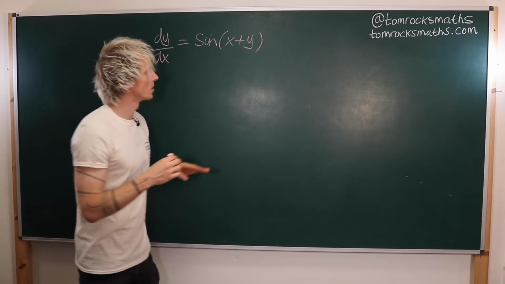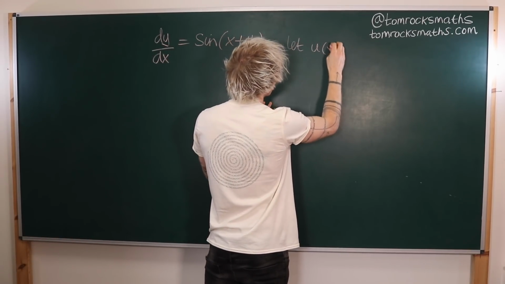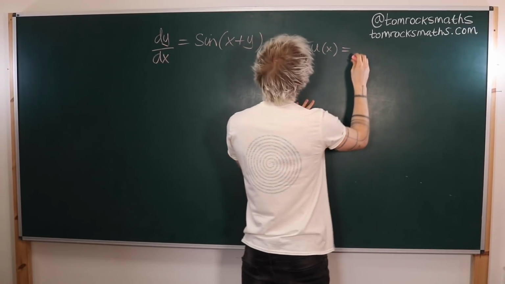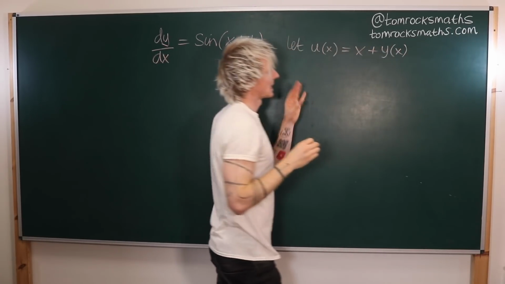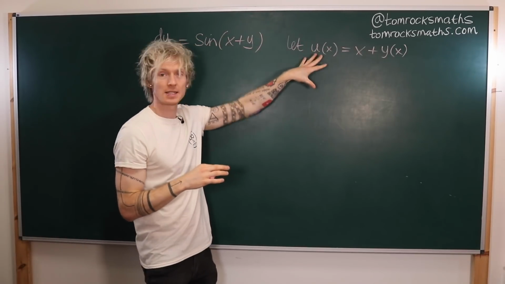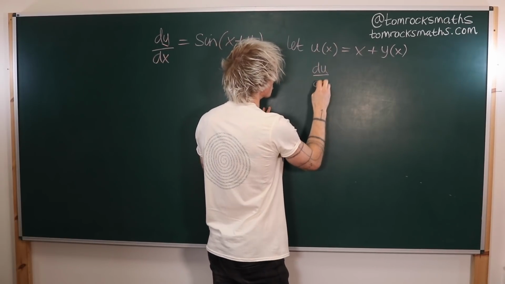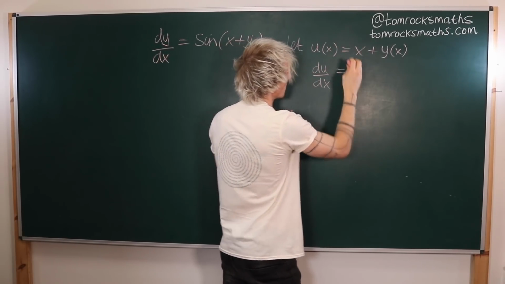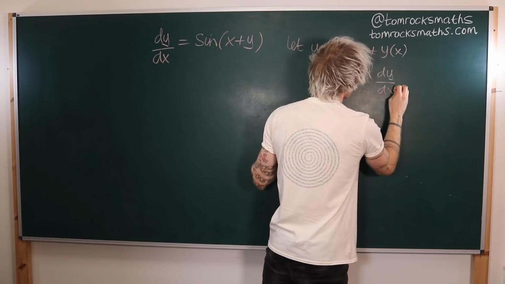So what I'm going to do is let u, which is a function of x, be equal to x plus y, where y, of course, is a function of x. Now, if I calculate du by dx, always helpful when you're doing a substitution to know its derivative, this is 1 plus dy by dx.